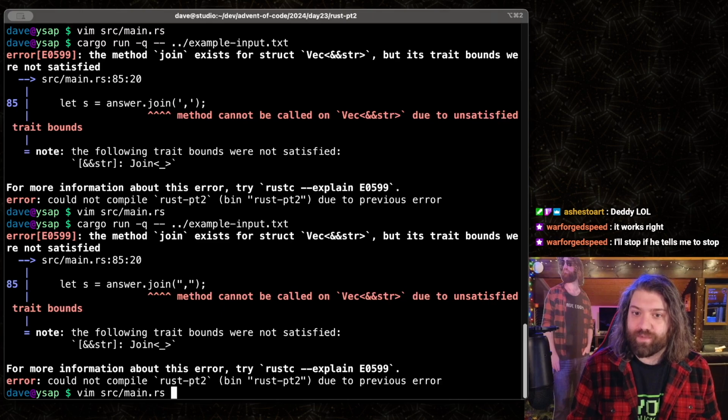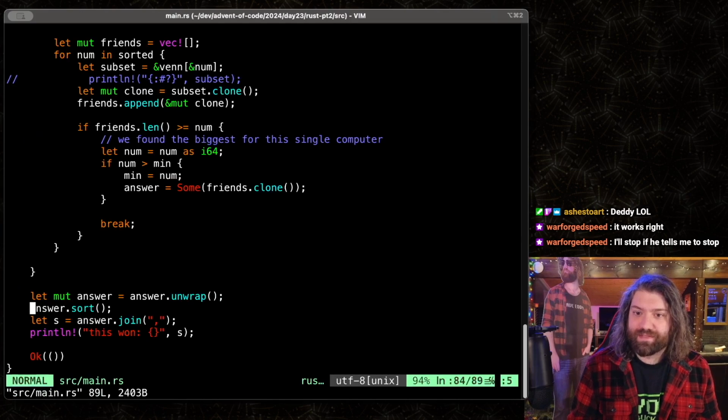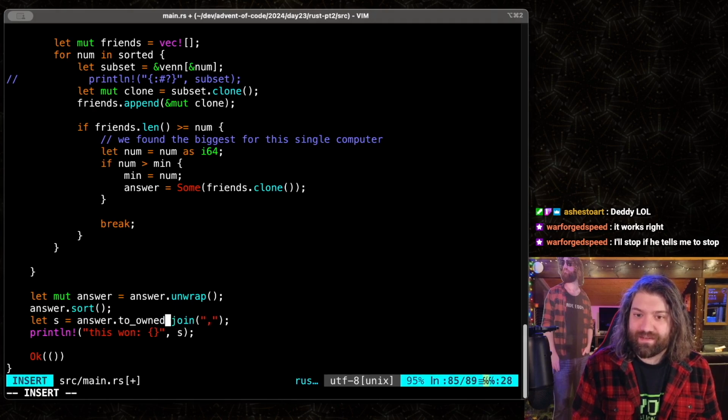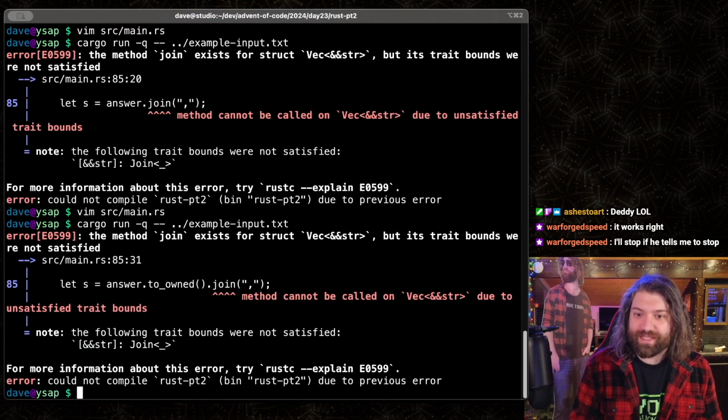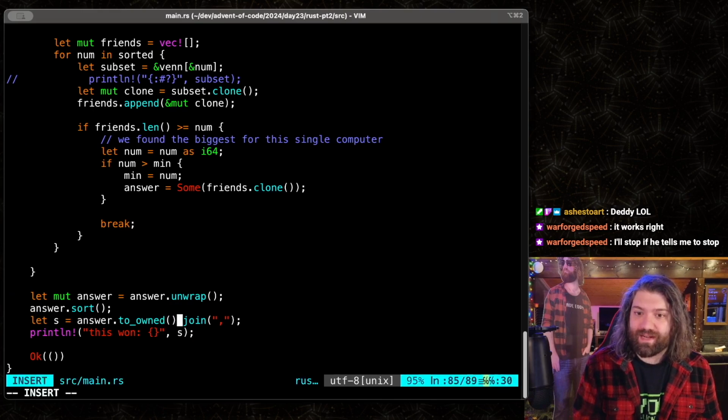What is wrong here? What am I doing wrong here? Just Rust stuff. I have a vec of a... How did I even end up with this kind of vec? Why can I even call join? Can I do like... This is silly. I mean, I can format it myself, obviously. I could also do this.